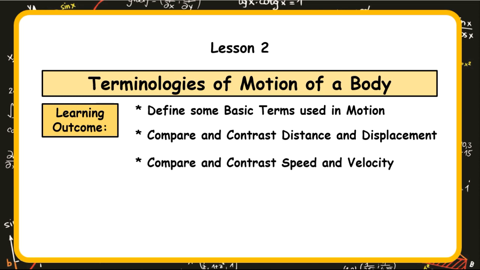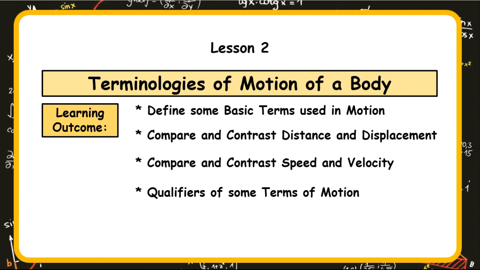We also look at the comparison and contrast between speed and velocity as parameters of motion. Then we take some qualifiers of some terms used in motion. So this will be the learning outline for the day.